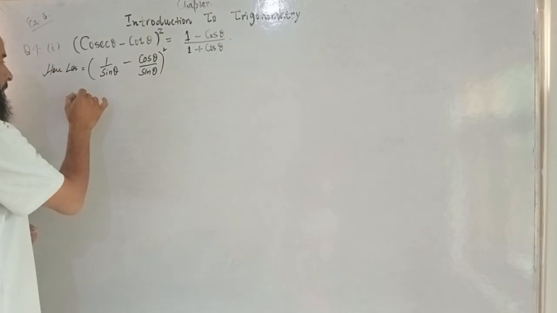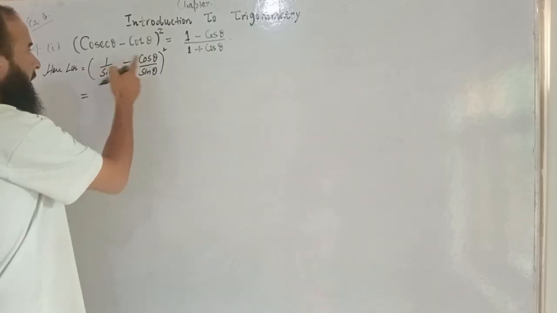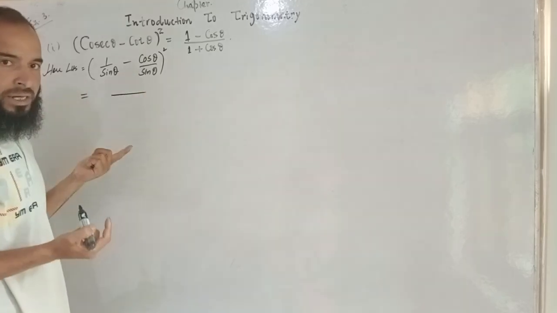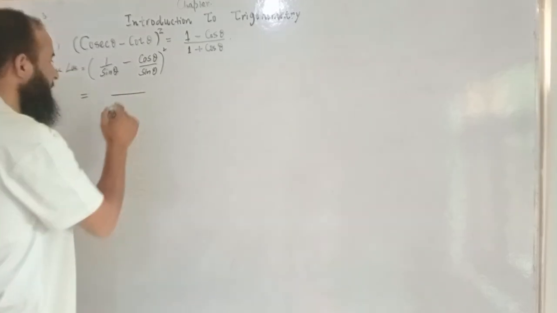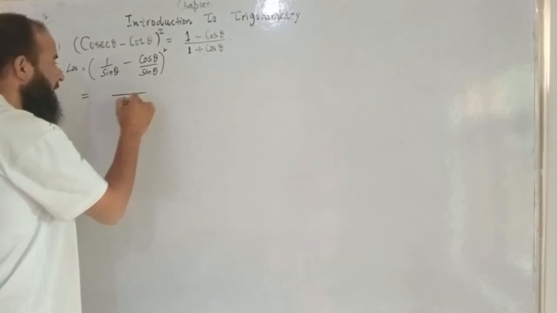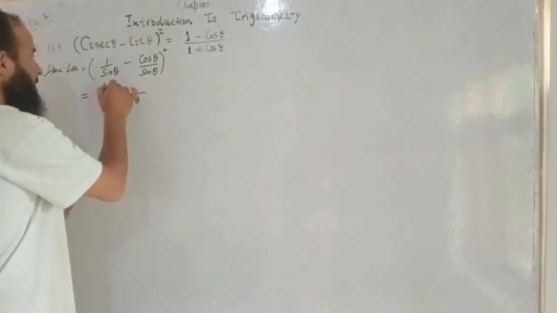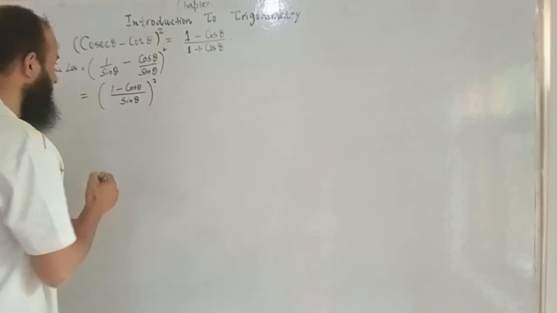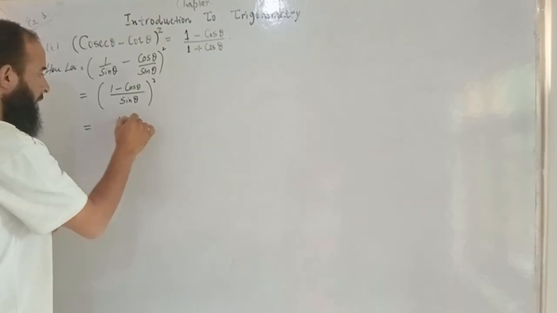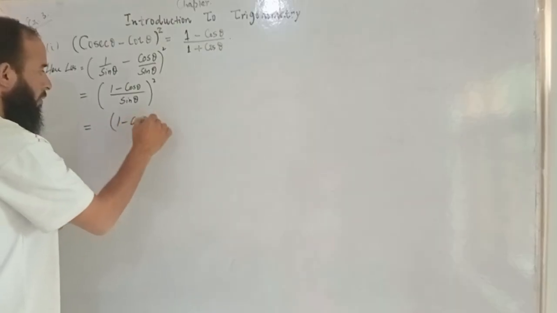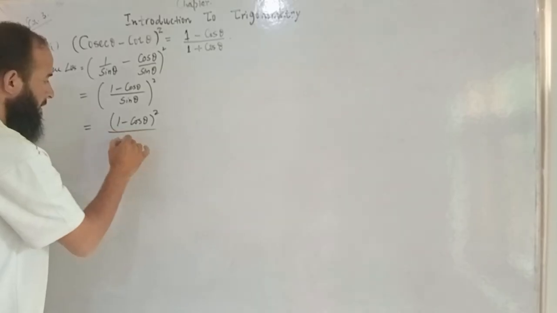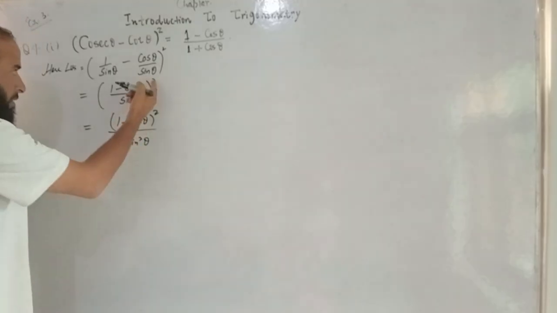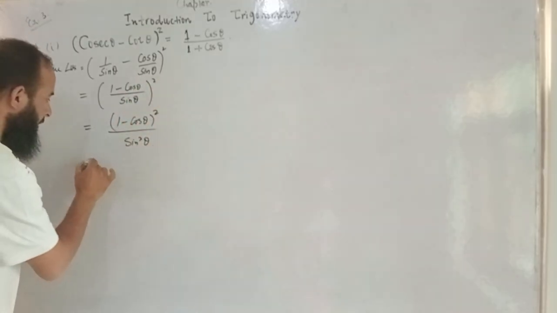Now it is 1 minus cos of theta, divided by, since these are like fractions, we will take a single denominator, sine of theta. So we write (1 minus cos of theta) whole square upon sine square theta, distributing the square to both numerator and denominator.